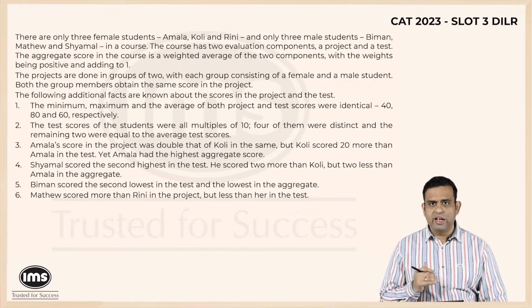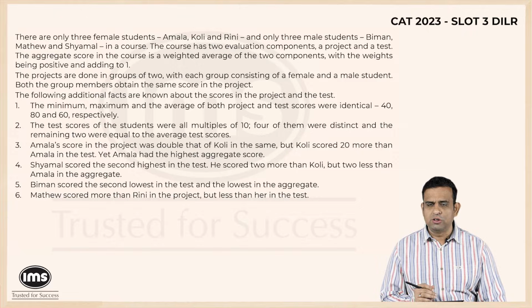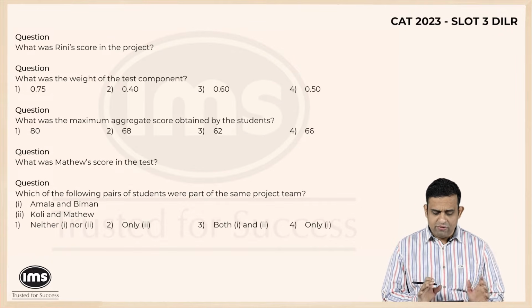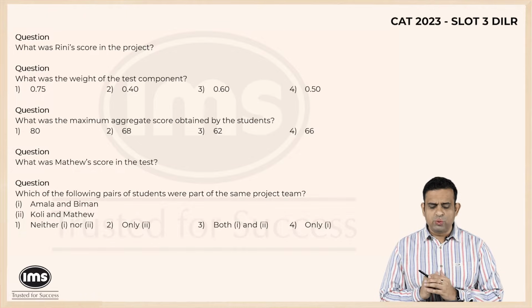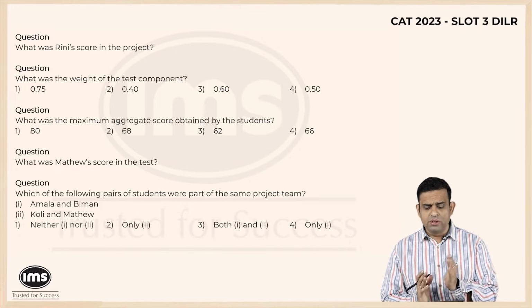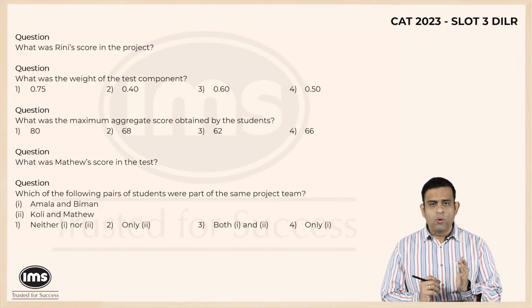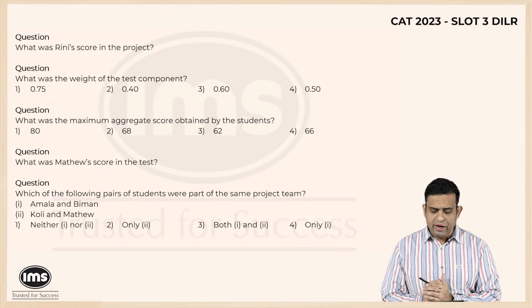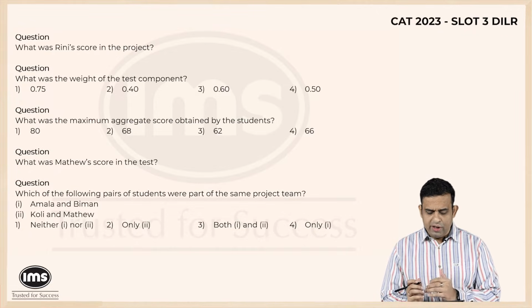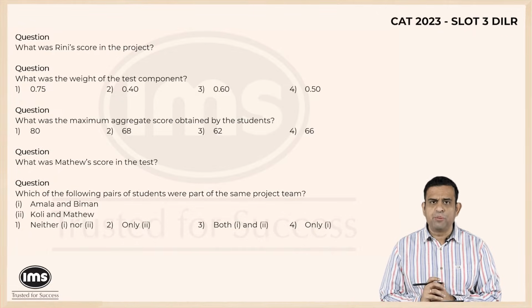Now, whether I should attempt this particular set in the exam conditions or not will be decided by looking at the questions. So if I look at the 5 questions over here, the first one talks about what was Rini's score in the project, what was the weight of the test component, what was the max aggregate score obtained by the student, what was Matthew's score in the test, which of the following pair of student is part of the same project team.